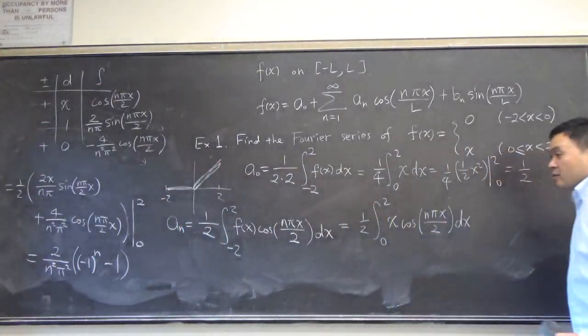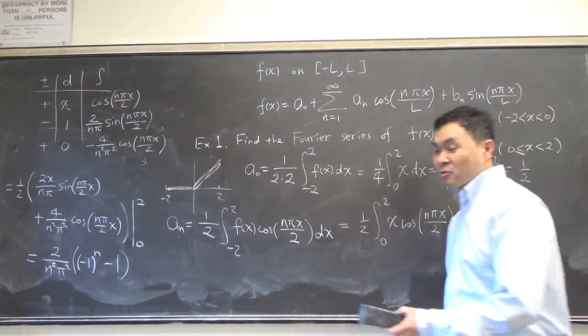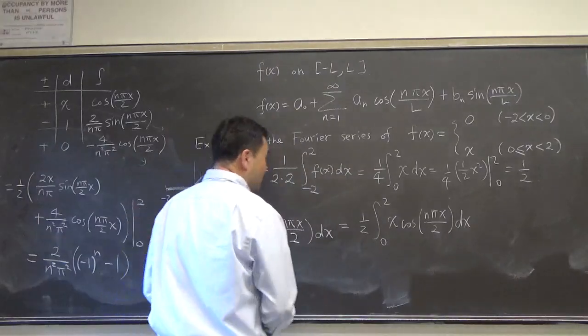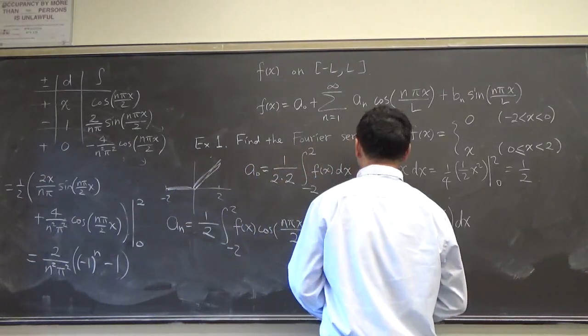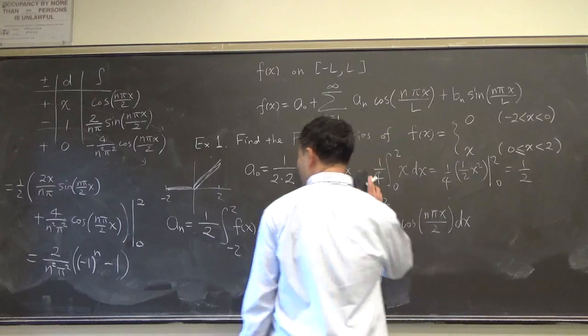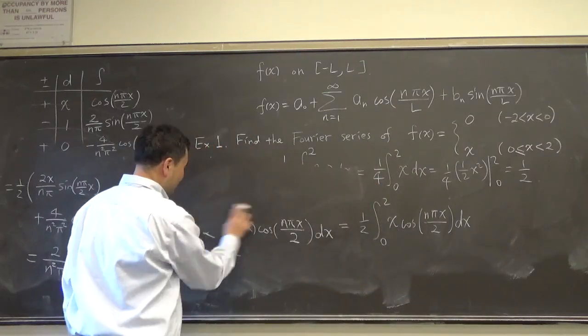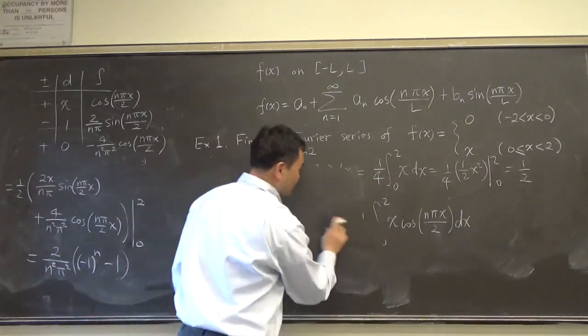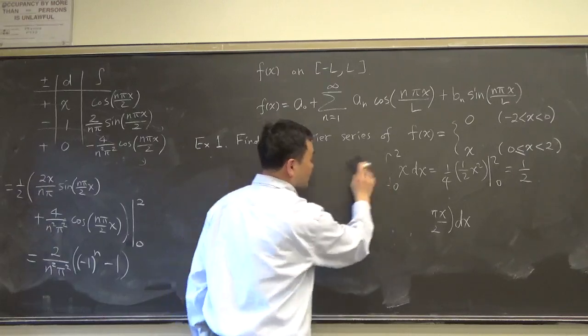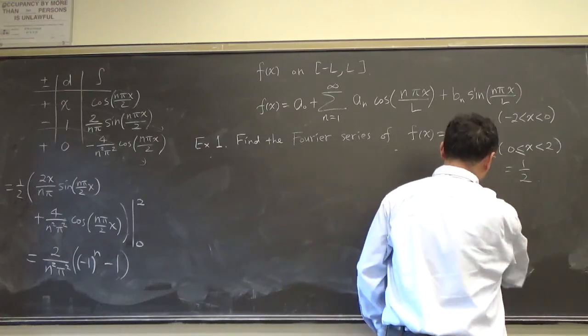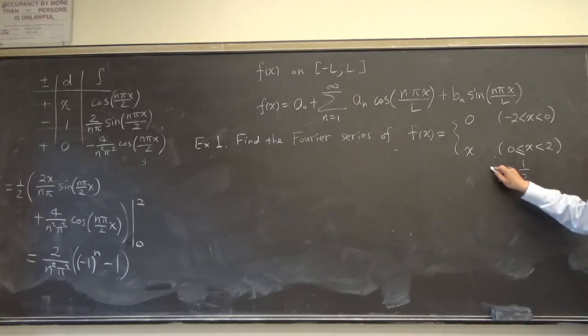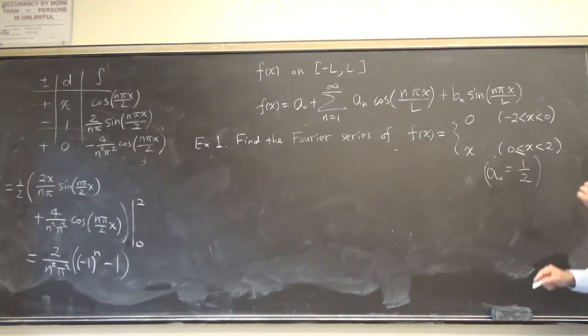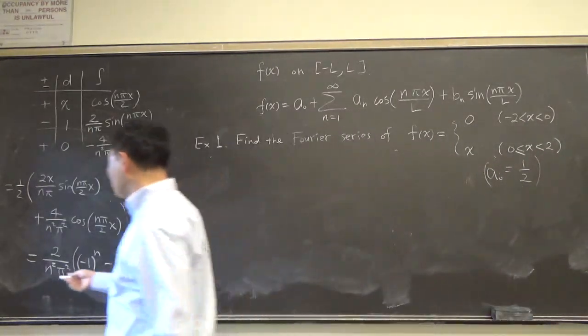Okay. All right, now let's do Bn. Gee, I don't have any space to write. Let's just remember that this value here was A0. This is now An.